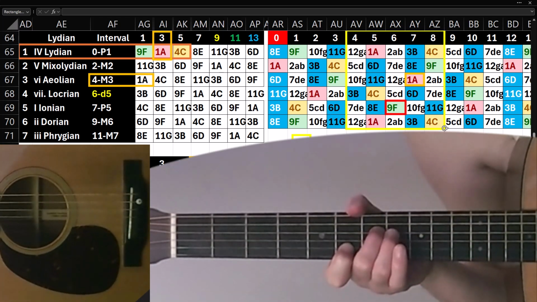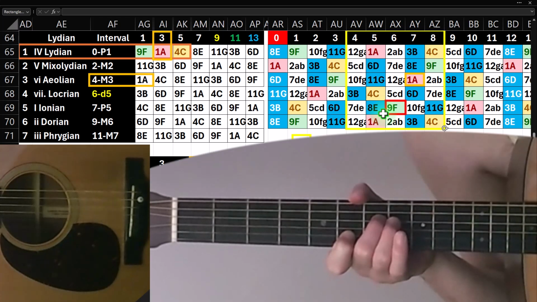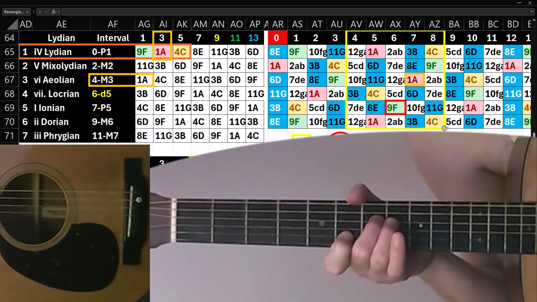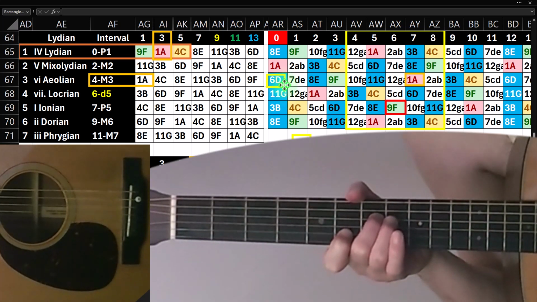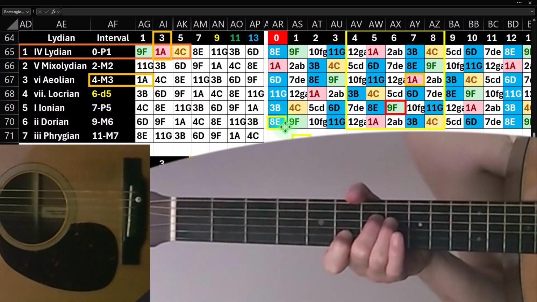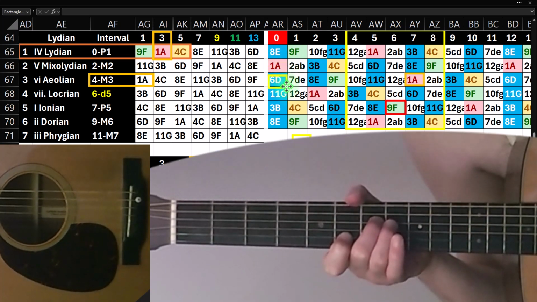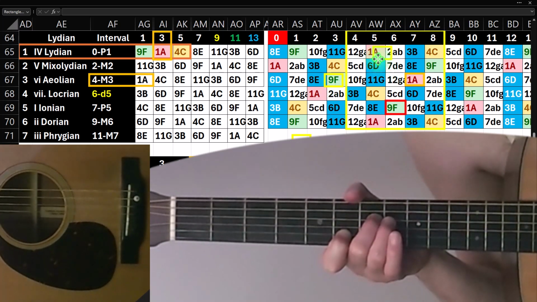Major third. Okay, so that means if I go up 2 strings and cross the fault line, the 4-note away major third will be 1 fret forward. But I wouldn't cross the fault line if I started from the G or the D. It's only when I was on the A or the E that I could go up. I can't go up 2 strings from these two because I've run out of strings. So if I were here, for example, on this F and I went up 2 strings, it would be here.